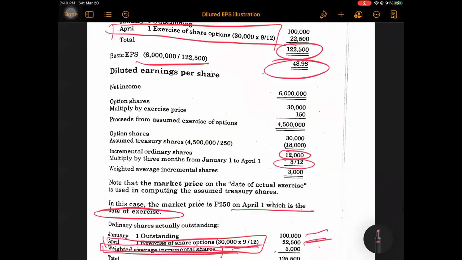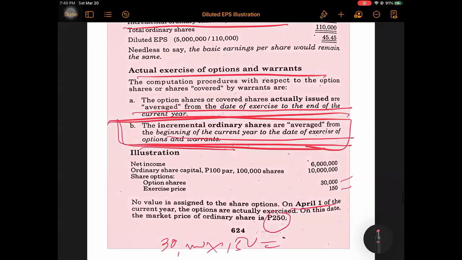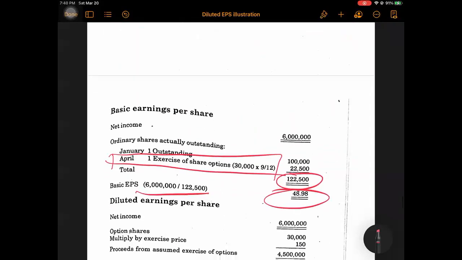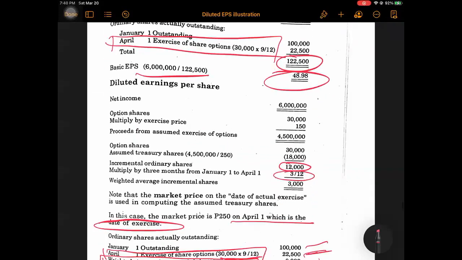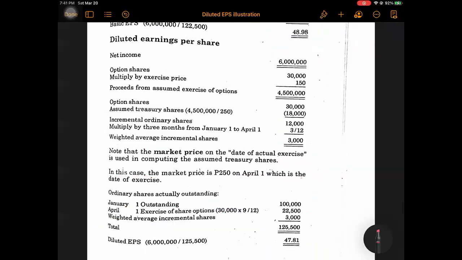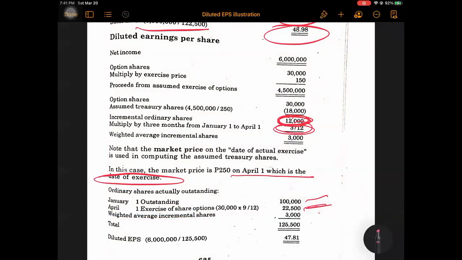The incremental ordinary shares are averaged from the beginning of the current year to the date of exercise of options and warrants. Since it was exercised on April 1, from the beginning of the year that's 3 months. So 3 months is taken for the incremental ordinary shares. Aside from that, the actually converted shares are also included in the computation, April 1, 9 over 12, same as your basic earnings per share.